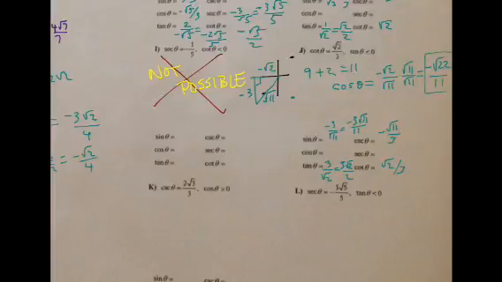Okay, and then for secant, you are going to take the reciprocal. I could just flip the negative radical 11 over radical 2, rationalize like this, and I get negative radical 22 over 2.